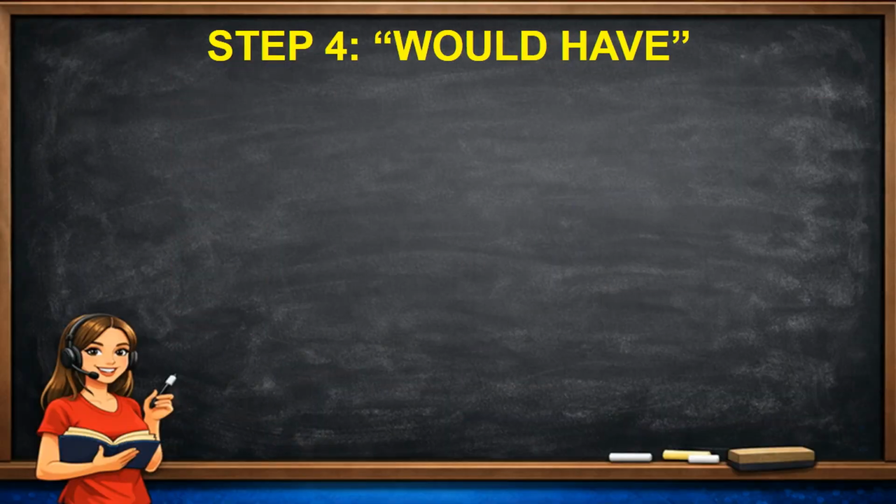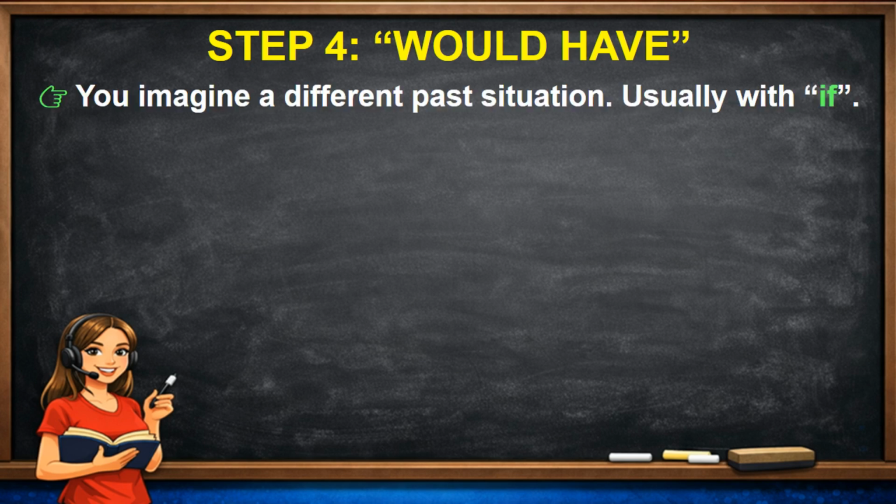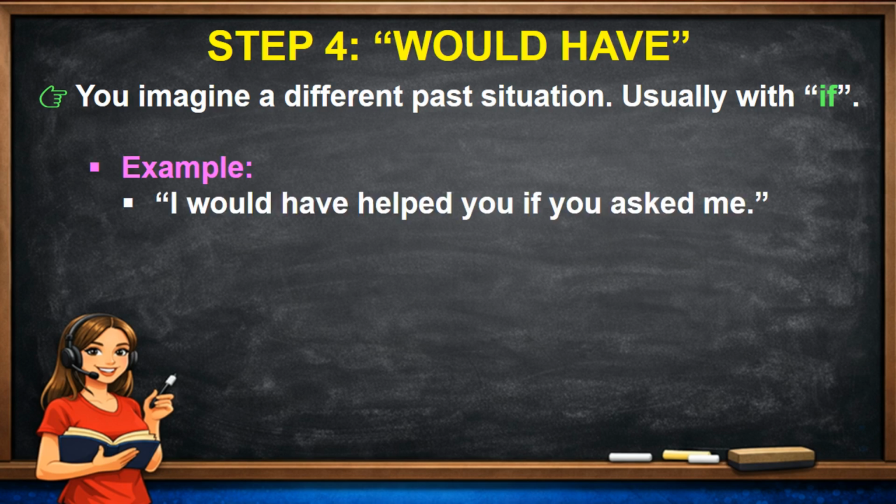Step 4. Would have, or imaginary result or condition. Use would have when you imagine a different past situation, usually with if. Example, I would have helped you if you asked me.